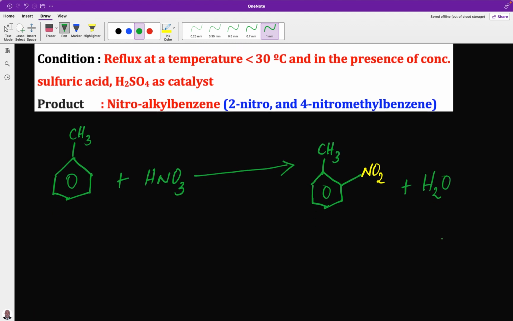And the main product from here is 2-nitromethylbenzene.